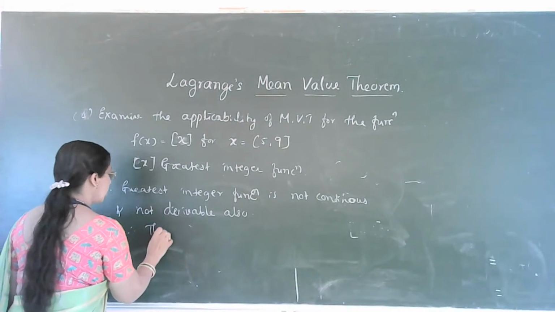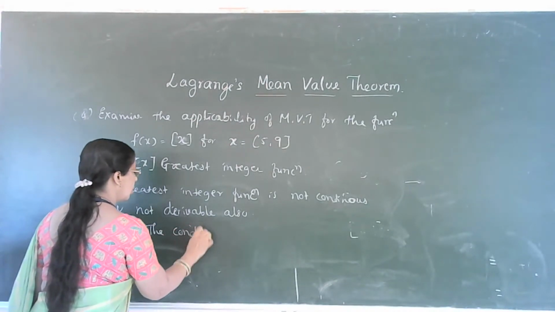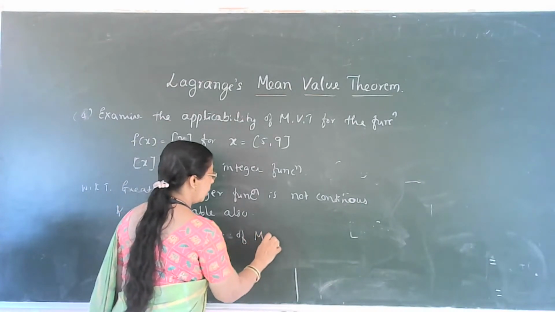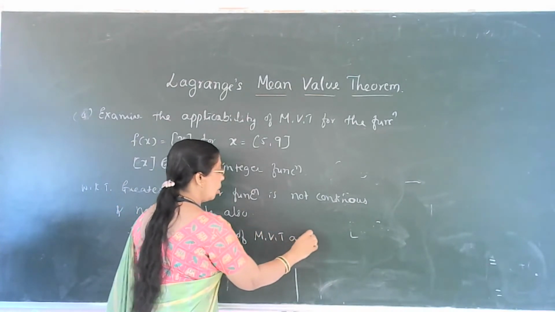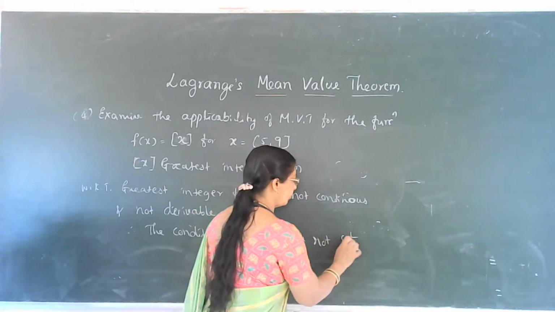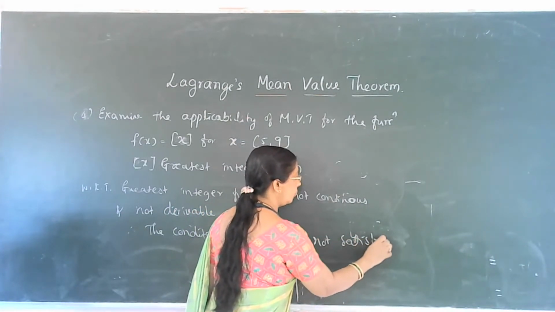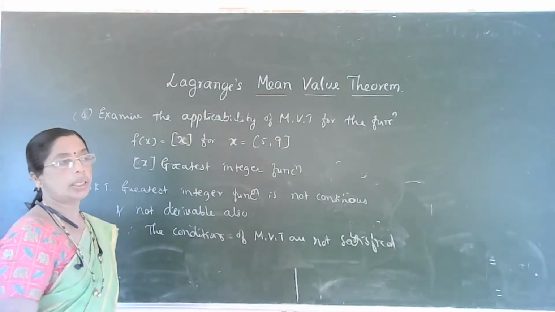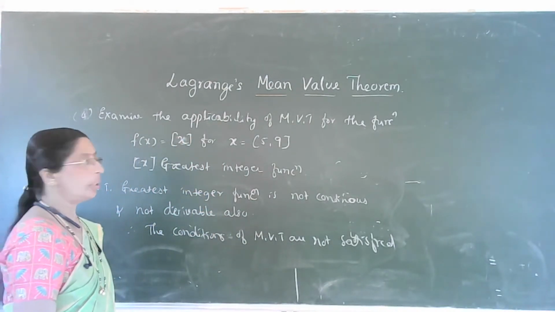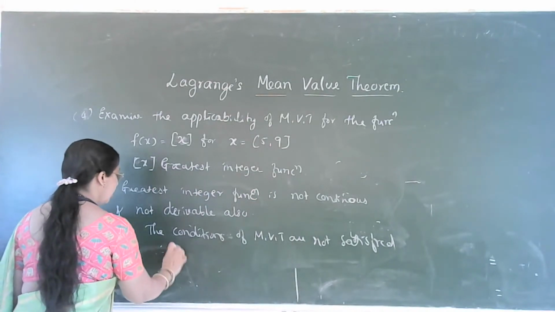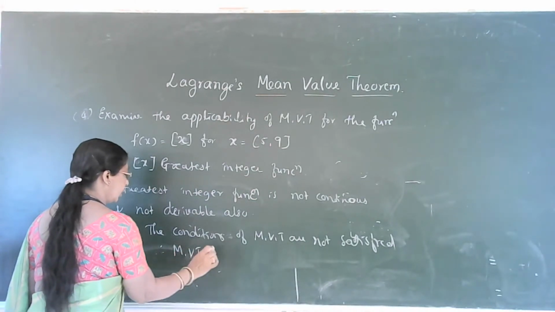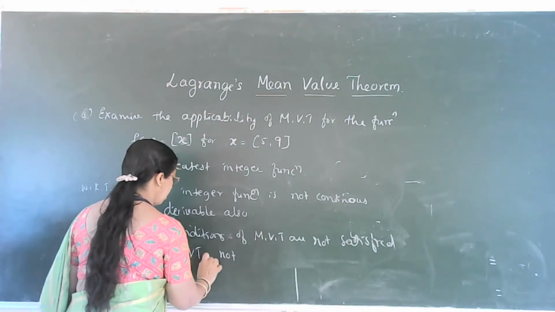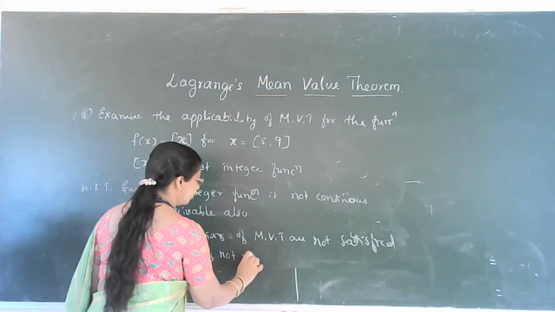Therefore, the conditions of MVT are not satisfied. If one condition is not satisfied, the MVT theorem cannot be verified. MVT theorem not verified.